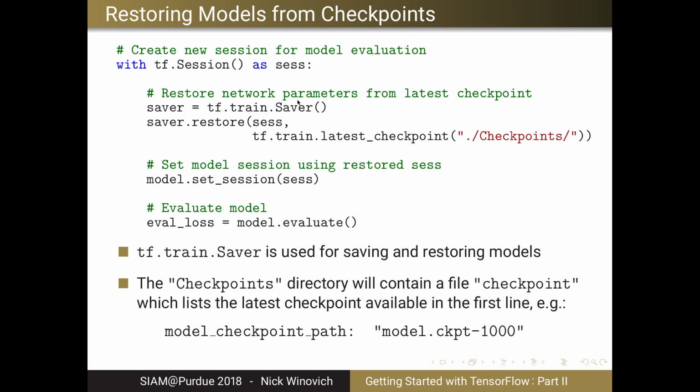You start out with a blank saver, and then use the restore method directed towards the latest checkpoint. You tell it what directory the checkpoints are in, and tf.train.latest_checkpoint basically just reads the checkpoint file, which lists the current checkpoint. So it'll get that, kind of automates it for you, but still a little bit cumbersome.